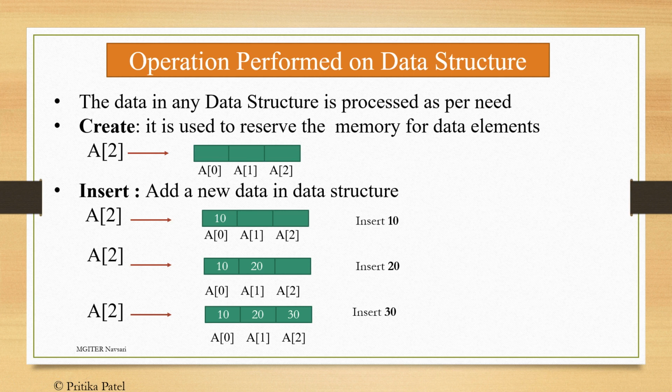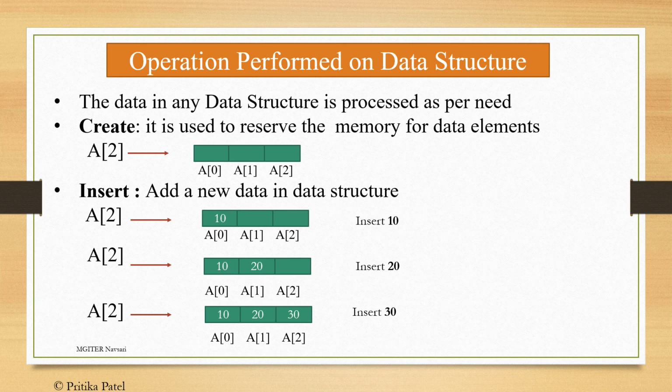So here memory is provided to the array data structure by the create operation. In C language, the malloc function is used to create a data structure, or to allocate the memory to a data structure.